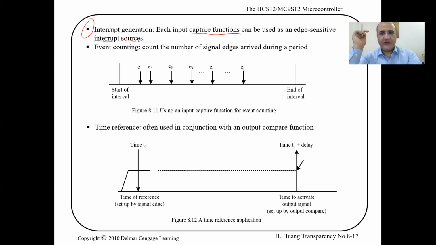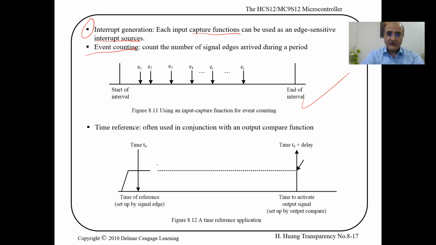So as if you have 8 extra interrupt sources. You can use it also for event counting. Every time a rising edge happens, this is an event. You don't care about the time between events, but every time a rising edge happens, an interrupt will happen and add to a counter. So you will count how many rising edges you receive. So counting events is another application.